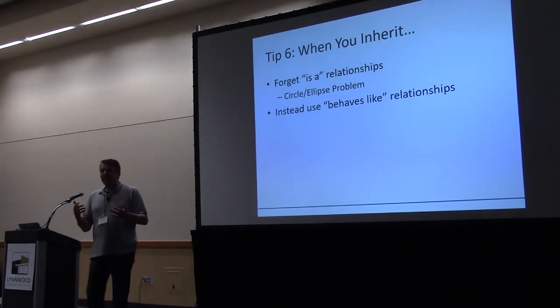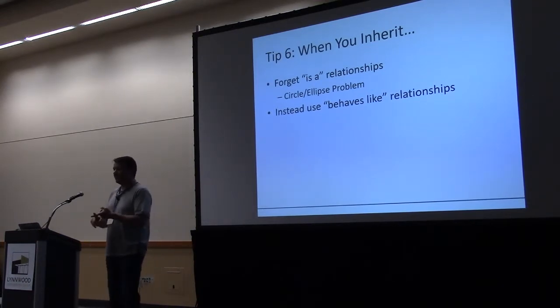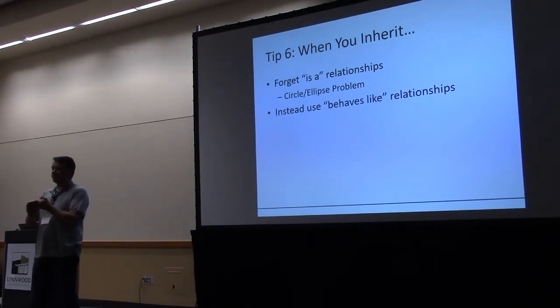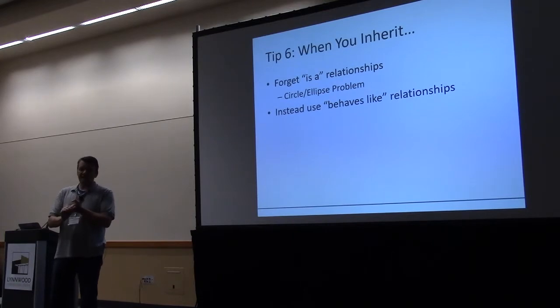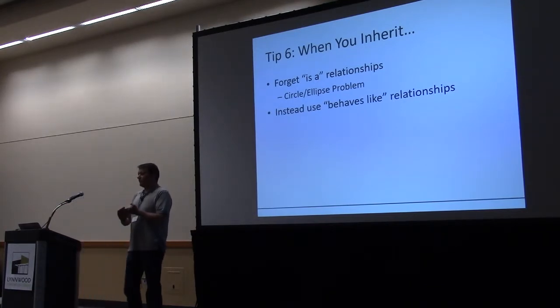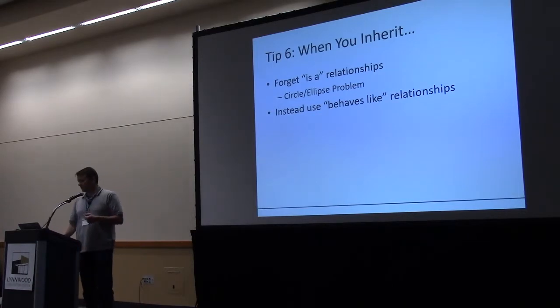Those behaviors are defined by the methods that we created in the ellipse class. We could set radius 1, we could set radius 2, and we could calculate the area. Those are the behaviors that define it. A circle does not behave like an ellipse because a circle only has a single radius. It doesn't have a second radius. So therefore, a circle is not a good candidate to inherit from an ellipse.